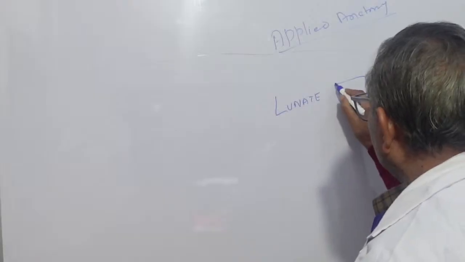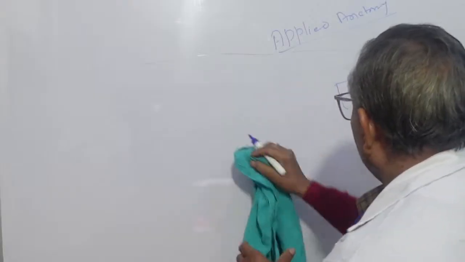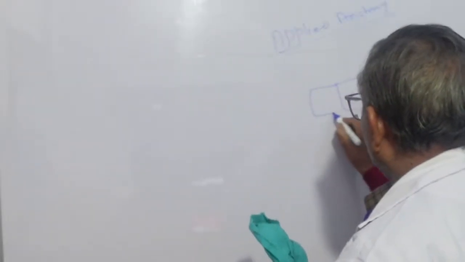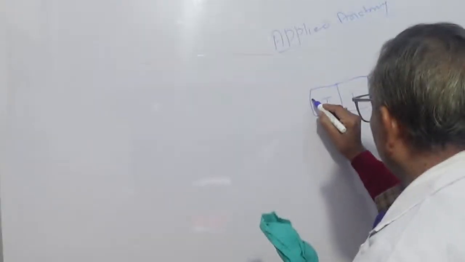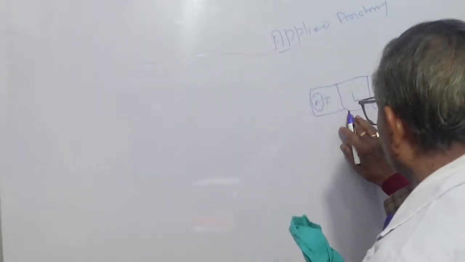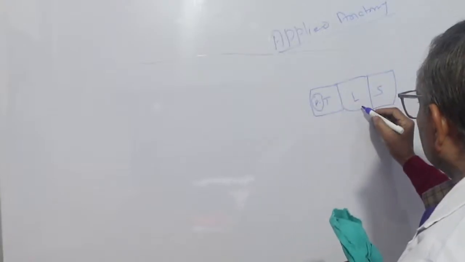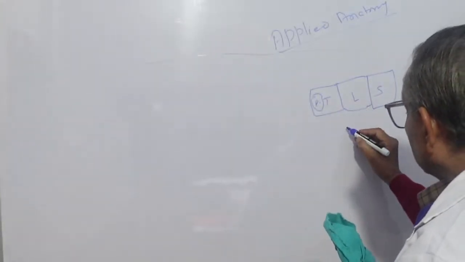Lunate, I told you that laterally there is the scaphoid, with the scaphoid there is the lunate, then triquetrum, and then pisiform, which overlaps the triquetrum bone. This lunate bone dislocates.